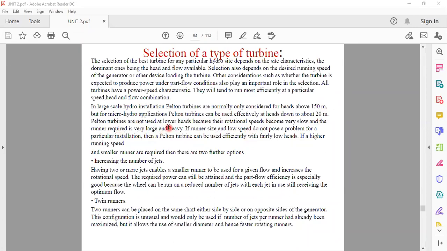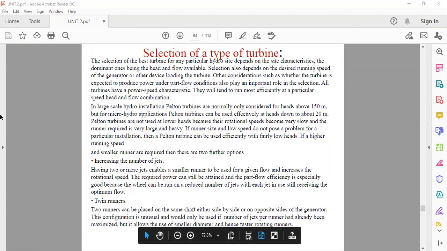Pelton turbines are not used at lower head because their rotational speed becomes very slow and the runner required is very large and heavy. So if runner size and rotational speed do not pose a problem for a particular installation, then Pelton turbine can be used efficiently with fairly low head.